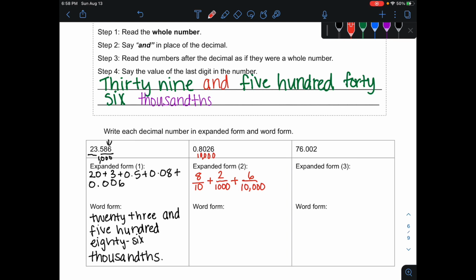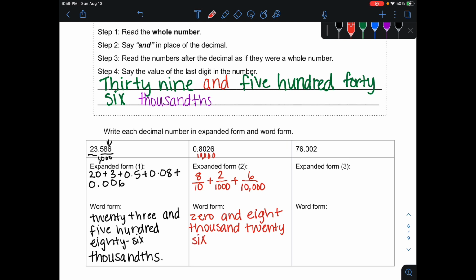Let's write in word form. In word form, it would be starting with 0. So, and for the decimal. And then we write it as a normal number. So we have and 8,026.